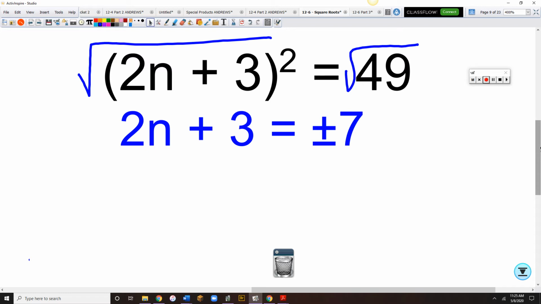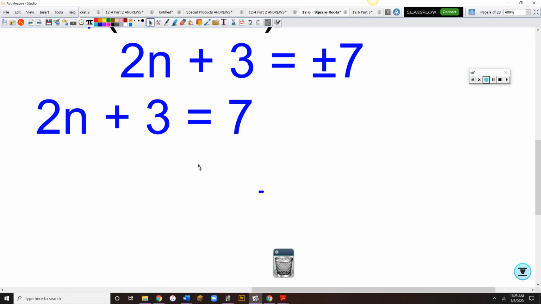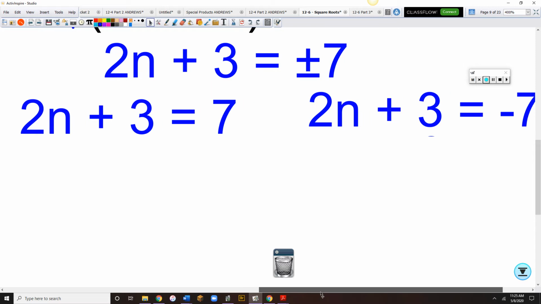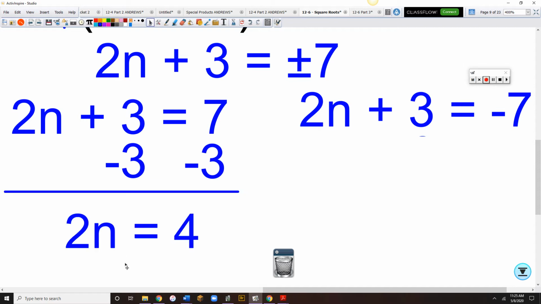Then I have to split this in half, and I have to solve 2n plus 3 equaling the positive 7, and 2n plus 3 equaling the negative 7. On the positive 7, we'll subtract 3 from both sides. 2n equals 4.